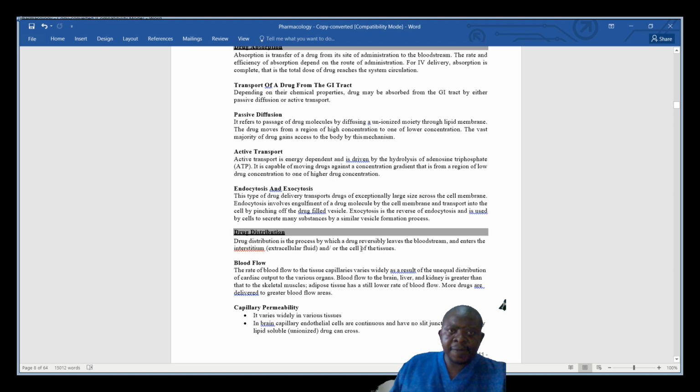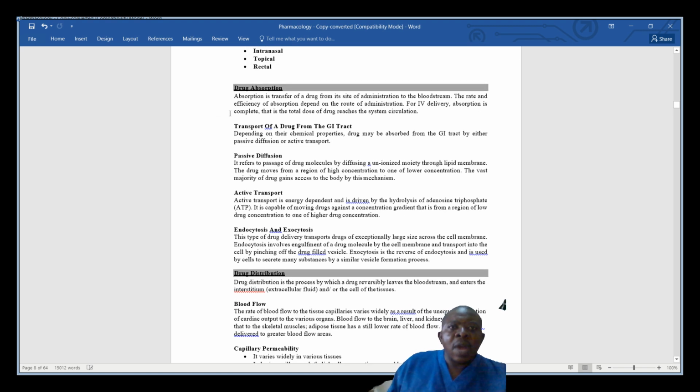Now here on drug absorption, drugs are mostly absorbed by passive diffusion. If a drug has to move from a lower concentration to a higher concentration, then it will be transported by active transport.